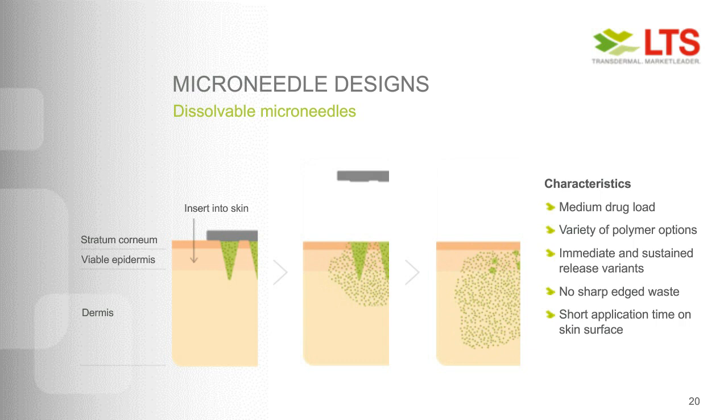After a certain amount of time, due to the fact that this polymer is disintegrating, you can remove this back plate, as we call it, and the needle still sticks in the skin. And after a while, it disintegrates, dissolves in the fluids of the body, and releases the API quickly or in a sustained manner.